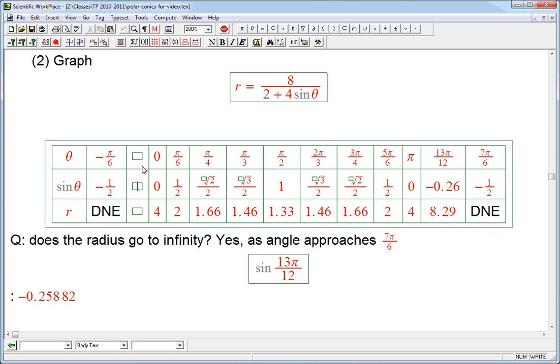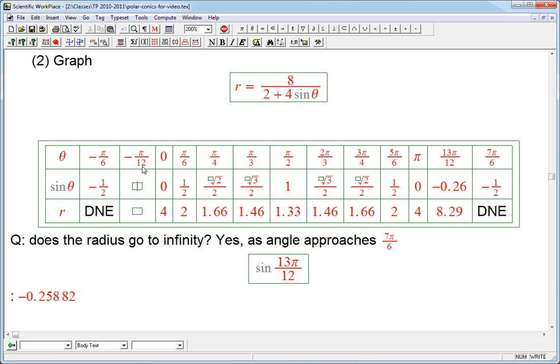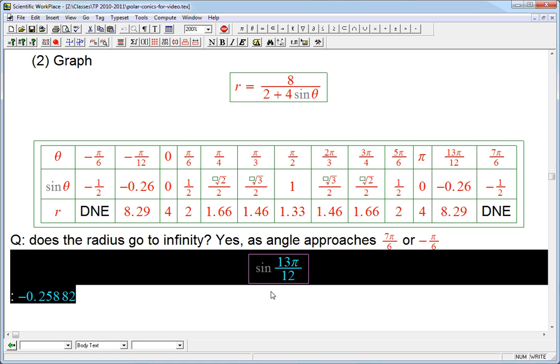Does not exist. And if I went halfway in between, -π/12, symmetrically it's the same number, 8.29. And so as the angle approaches 7π/6 or -π/6, interesting. Let me clear off that scratch work here.